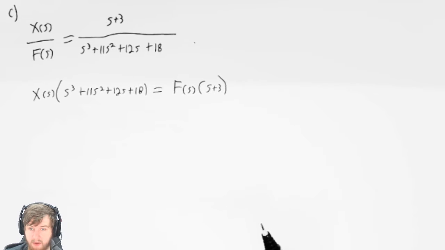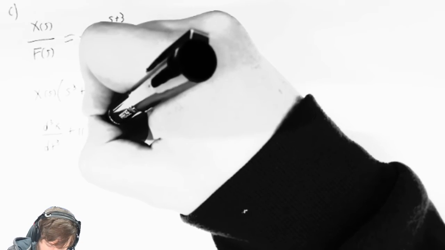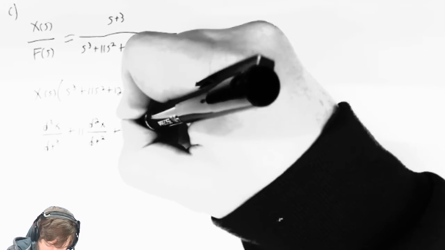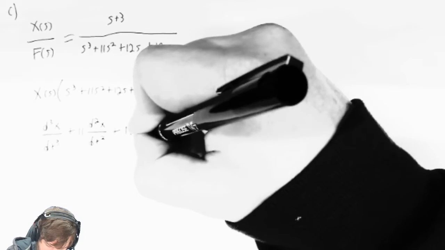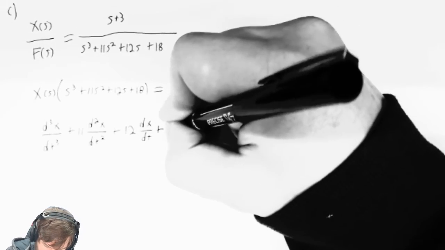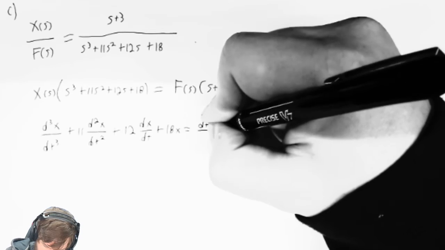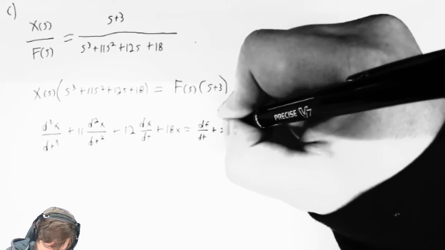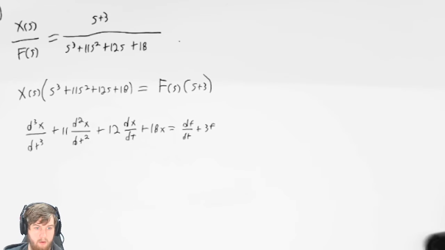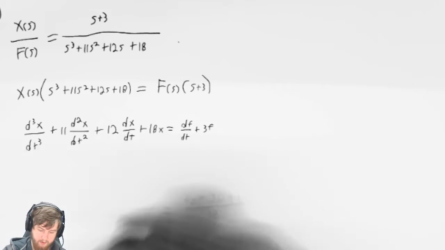So now that we have that, all we have to do is write d cubed x over dt cubed plus 11 d squared x over dt squared plus 12 dx dt plus 18x equals df dt plus 3f. So that's what we should end up with.